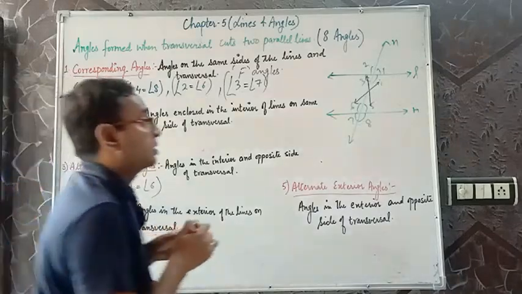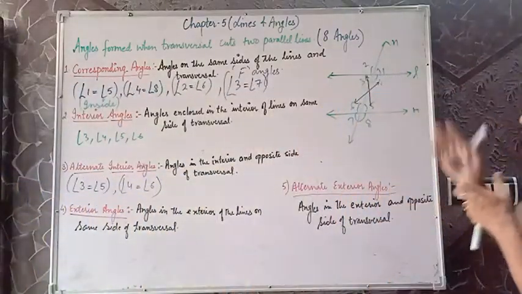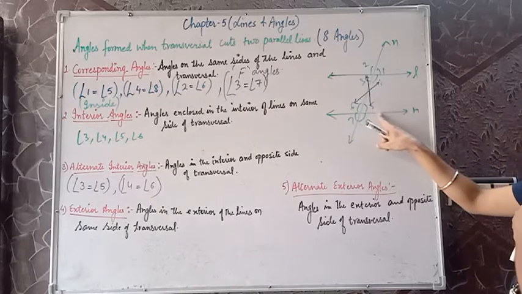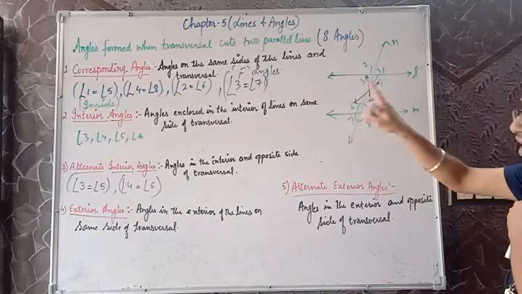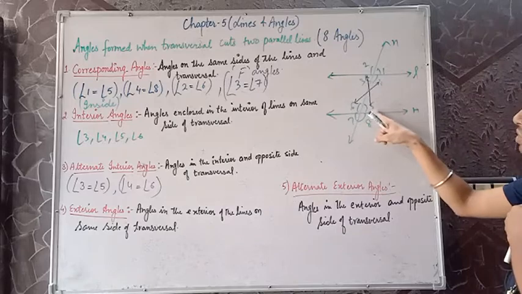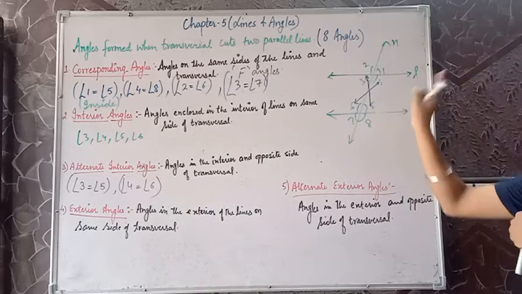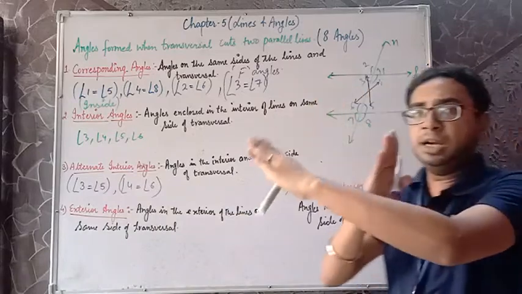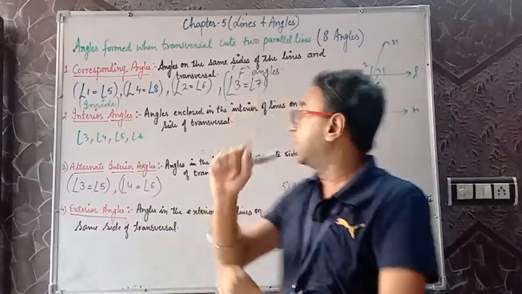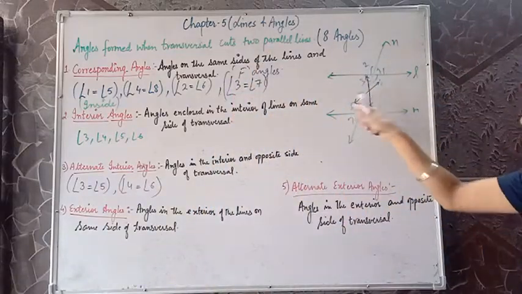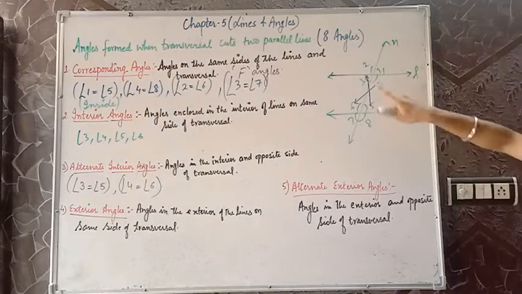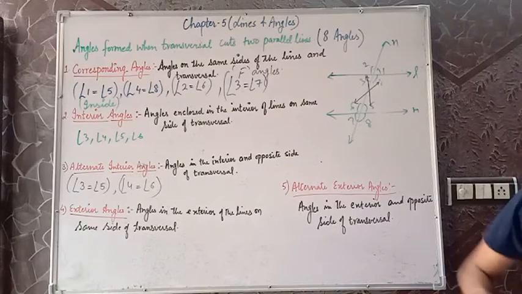Alternate means option. 3 could have become equal to 4, 6 or 5, but 4 is a linear pair and 6 I'll explain, so the only option left is 5. Similarly for the cross. Clear?